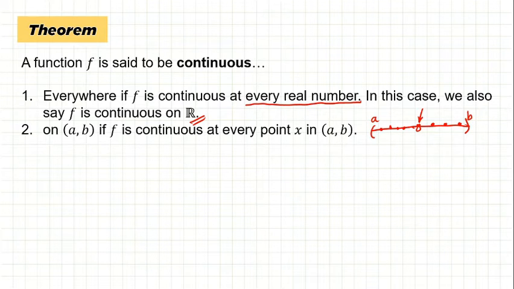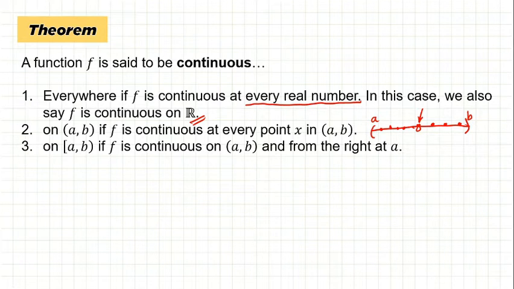Okay? Now, for the third one, so we have on the interval close at A and open at B. If F is continuous on AB, so balik tayo sa second property dito, and from the right at A. So therefore, you need to check the open interval AB. So dapat lahat ng points inside that open interval, continuous yung function natin.